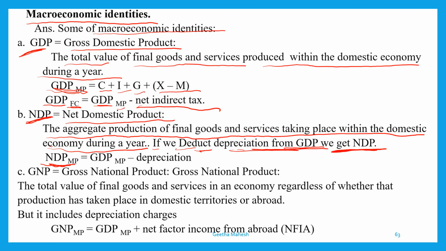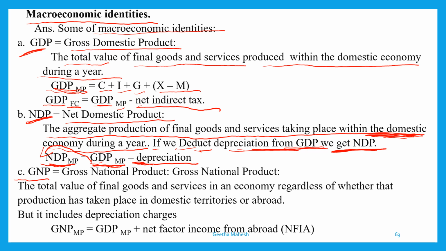NDP at market price equals GDP at market price minus depreciation. So gross is converted into net. To convert gross into net, you should deduct depreciation. Here, domestic means whatever is produced within the economy, those goods' value we are going to consider.